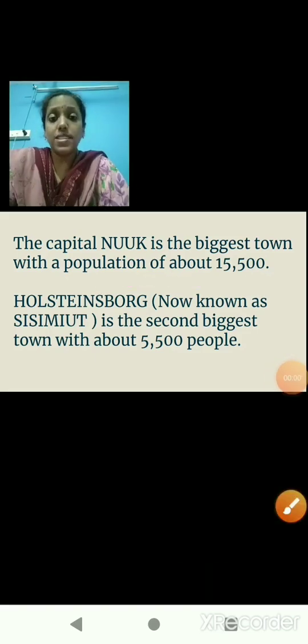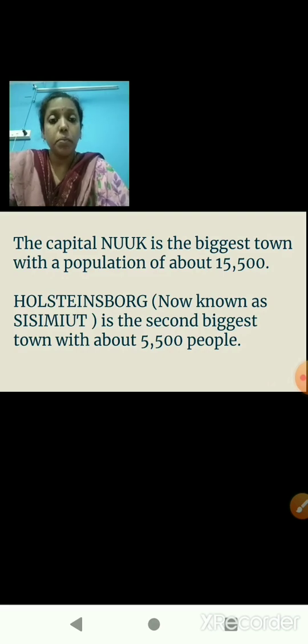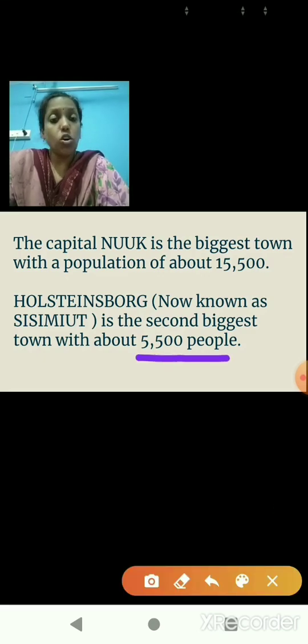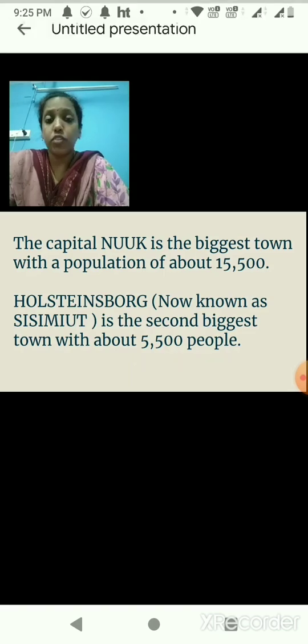Holstenborg, which is now known as Sisimiut, is the second biggest town with about 5,500 people. So this is all about the population of Greenland.